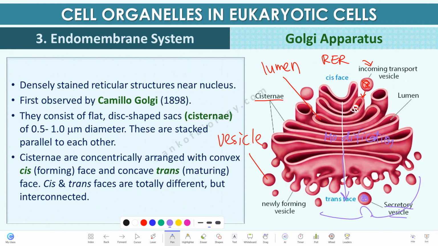Understood this? So in RER, what happens? Protein synthesis. And this protein gets folded up in the lumen of RER. Then it's packed into this transport vesicle. It fuses with Golgi. And inside the Golgi, protein gets modified and it comes out as secretory vesicle and goes outside the cell.